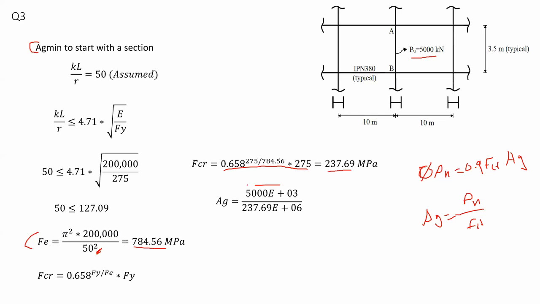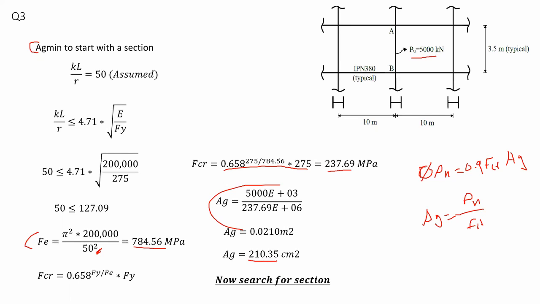If you calculate this, you get Ag equal to 0.021 square meter. Converted to square centimeters, so you can look into the section tables, you get 210 as the minimum area you need to start with. Now you can start searching in the section tables.